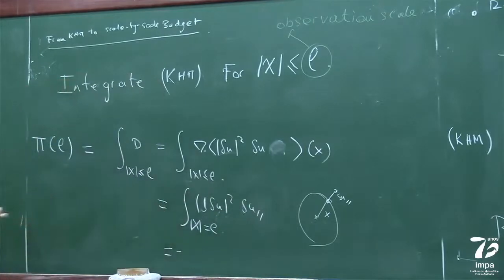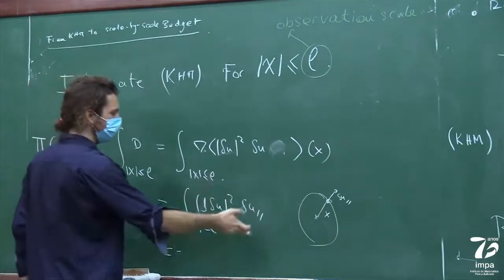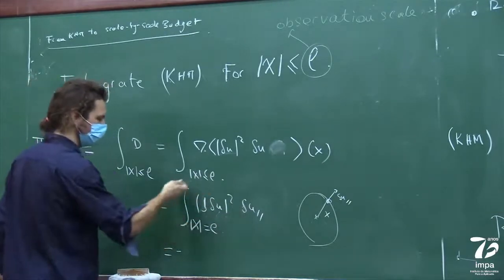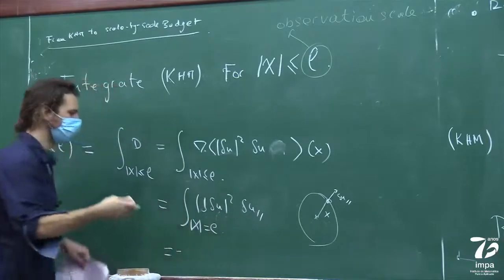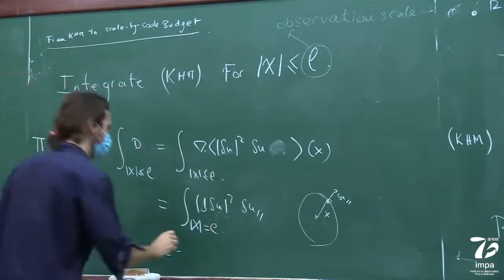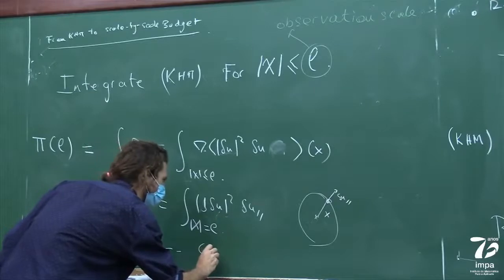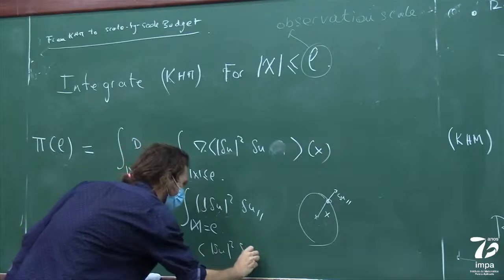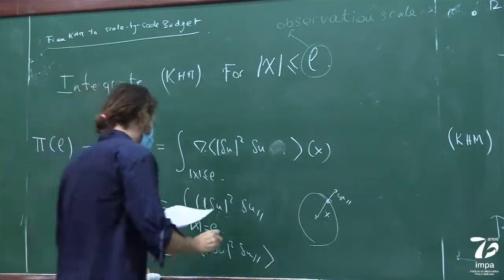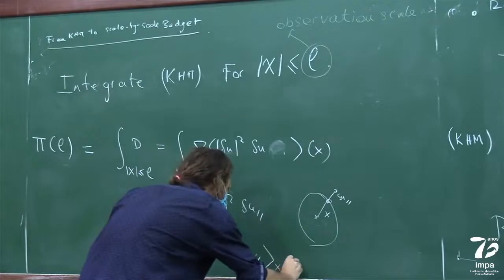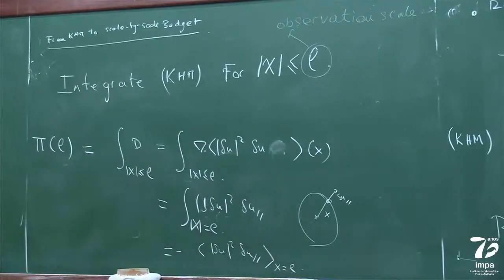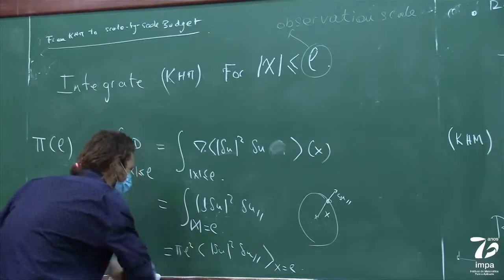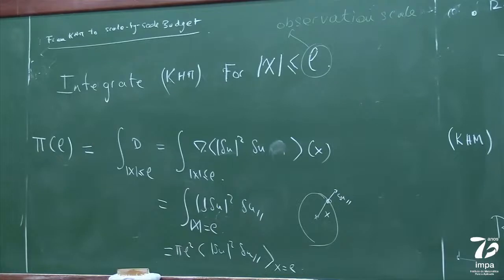So if we assume isotropy, this guy does not depend on L anymore. And so what we are left with is the average of this guy over L divided by the volume of the sphere for x equals L times the 4 pi L square.